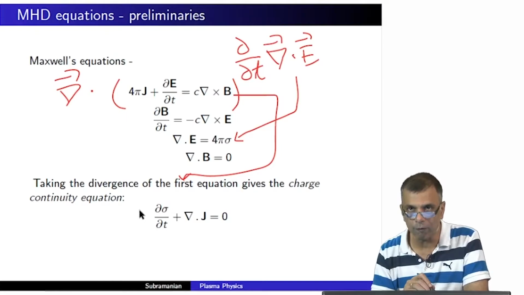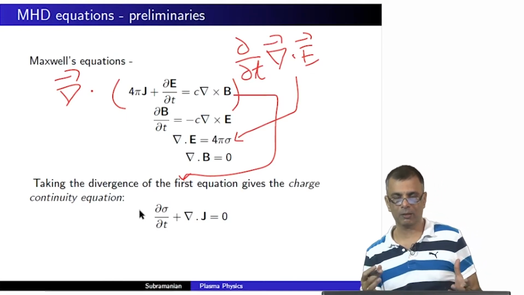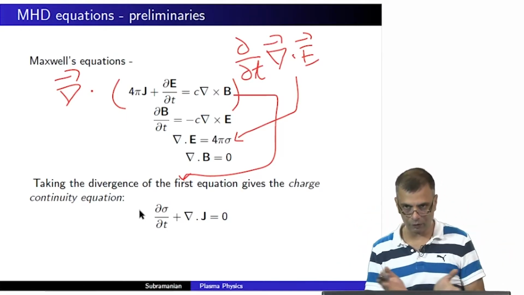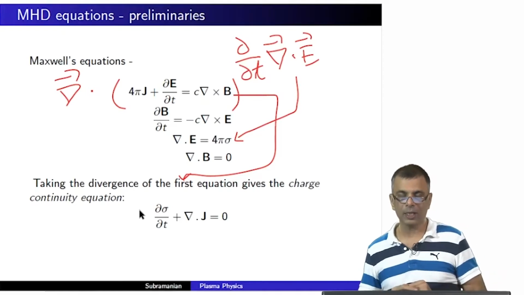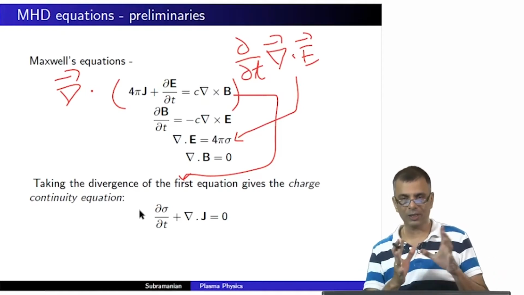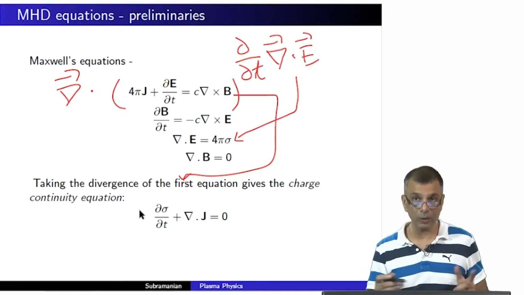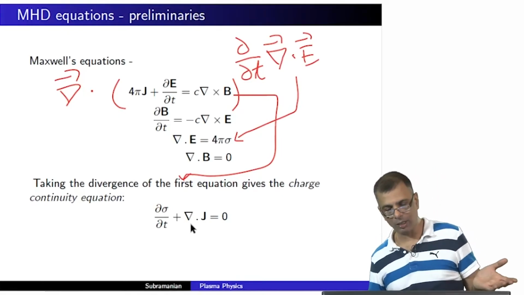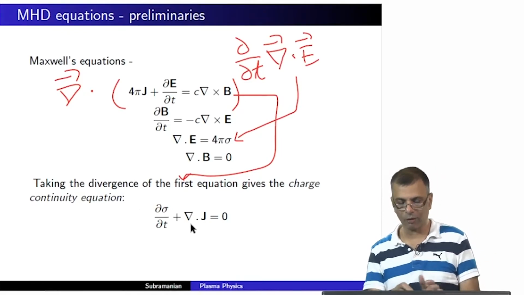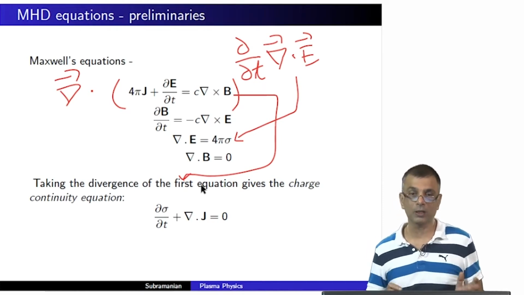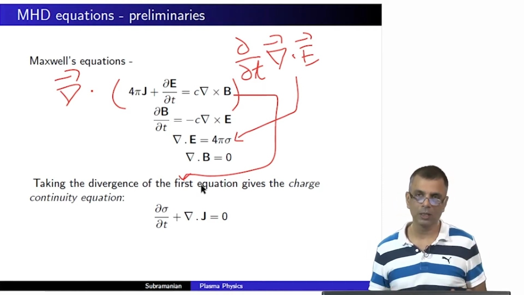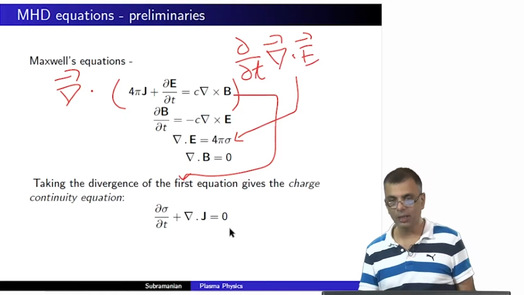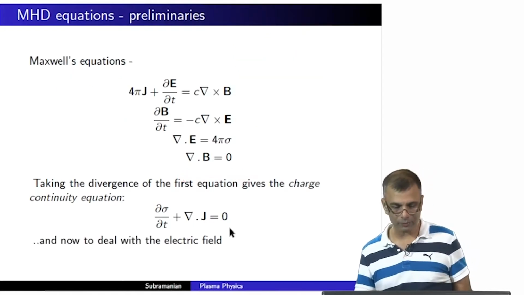If there is no current flowing inside or out of a volume through the surface, there is no way the charge density inside that volume will be changing with time. That is what this equation is saying. You can also think of this as the equation for conservation of charge. Electric charge is always conserved. Okay. So, that is one thing.